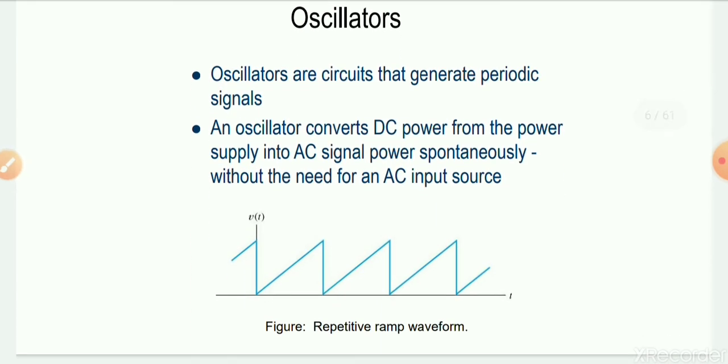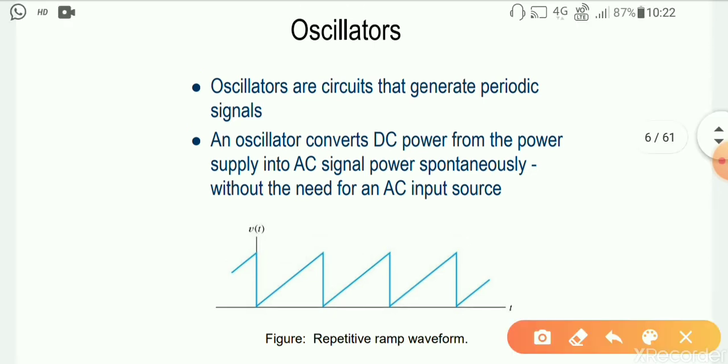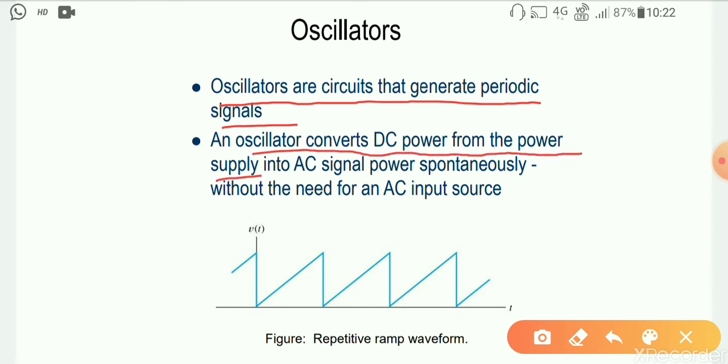So we can conclude in such a way, oscillators are circuits that generate the periodic signal. Oscillator converts DC power from the power supply into AC signal without the need of an AC input source. There a typical waveform is given for the ramp one.